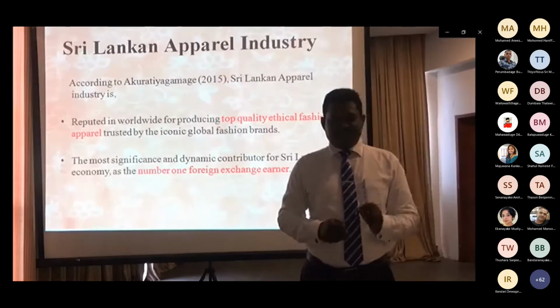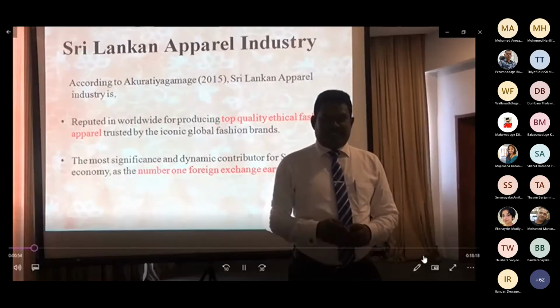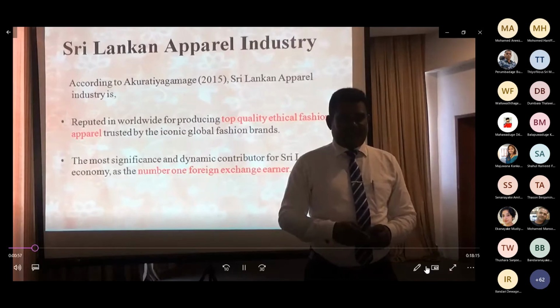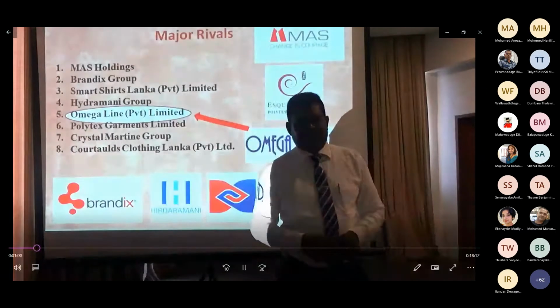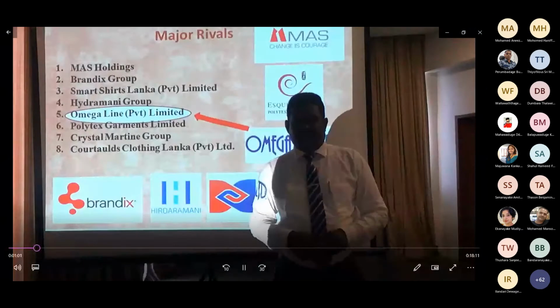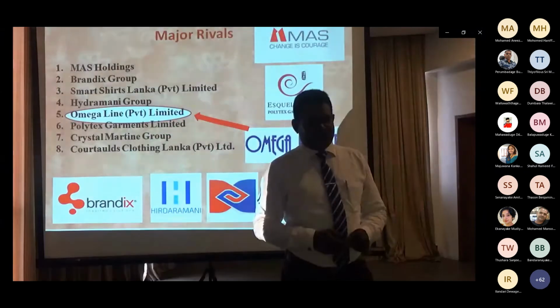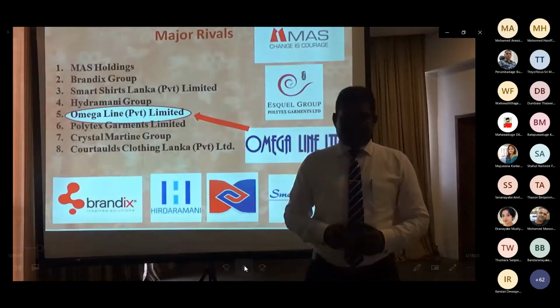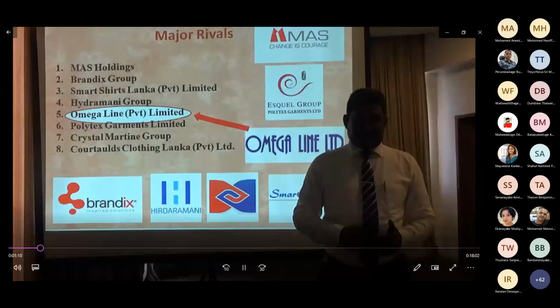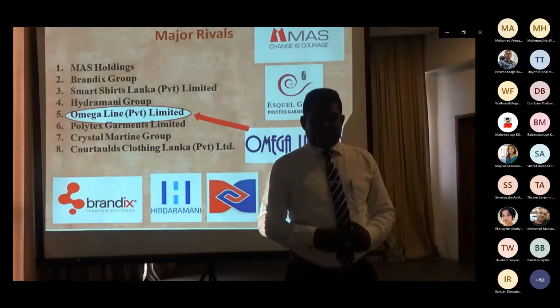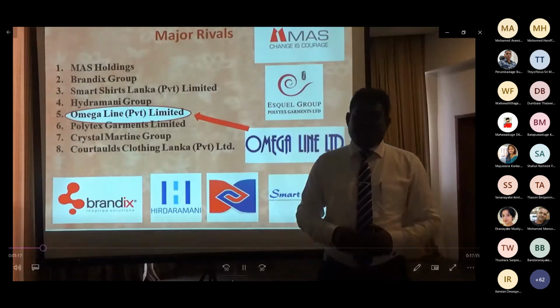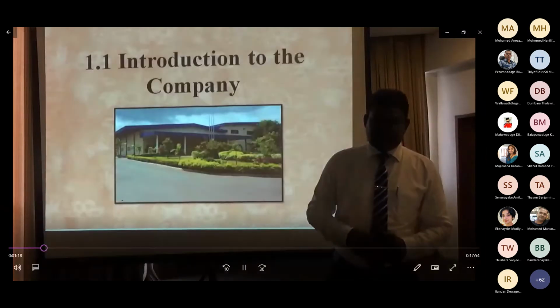The most significant and dynamic contributor to the Sri Lankan economy as the number one foreign exchange earner. These are the key players in the Sri Lankan apparel industry: Mass Holdings, Brandix Group, Smart Shirt Lanka Private Limited, Hydramani Group, Omega Line Private Limited, Polytex Garments Limited, Crystal Martin Group, Cloud Clothing Lanka Private Limited.